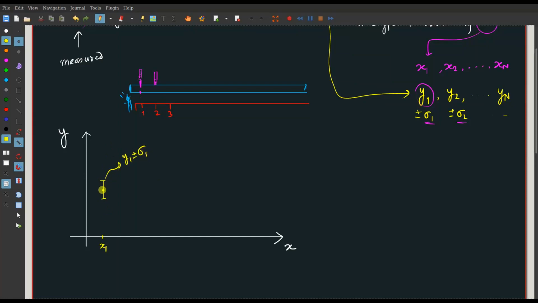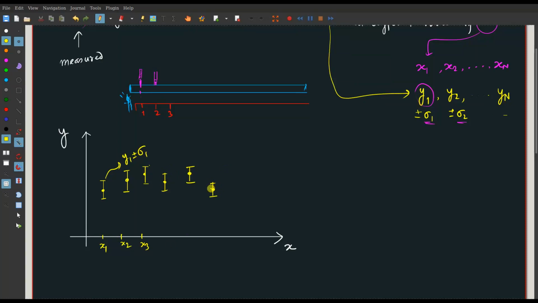Okay, so this is the data with the error bar. All right, and then at x2 you have another similar one, and then at x3 you have another, and you get the idea basically. So you have different values with the error bars at different points.